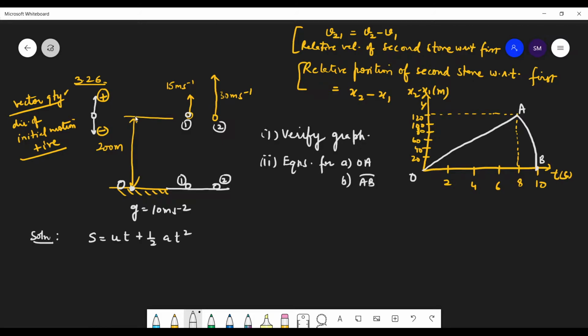We can take it from here also, we can take it from here also. So it's your choice from where you want to take the origin. If you are taking the origin from here, then you need to add 200 to this. If you are taking the origin from here, then you need not add anything to it.